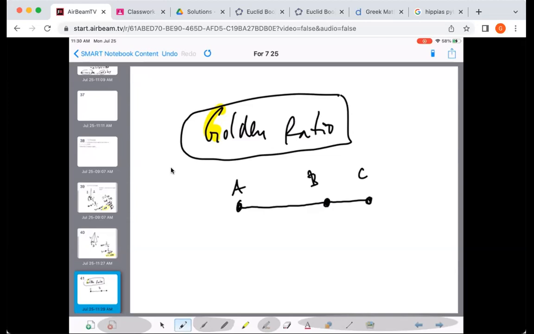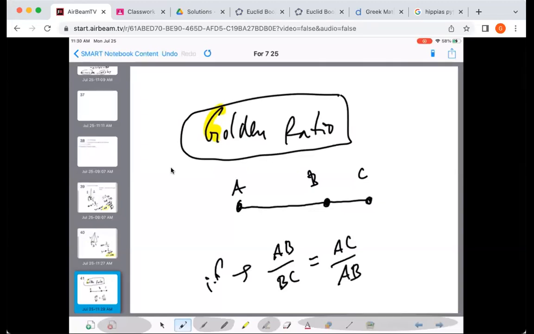This point is at the perfect spot if AB over BC, which is the big piece over the small piece, is equal to AC over AB.